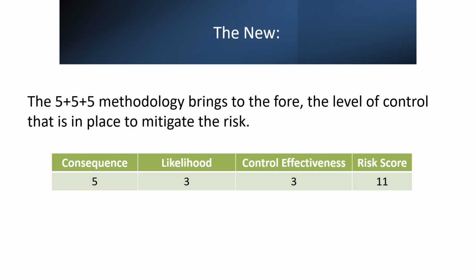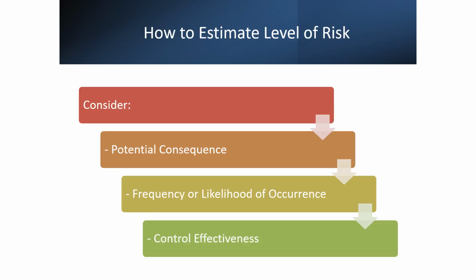The control score helps us to focus on what measures we already have in place to reduce the risk and what further controls should be applied. The following slides detail each of the steps of the scoring process, considering the potential consequence, frequency or likelihood of occurrence, and control effectiveness.